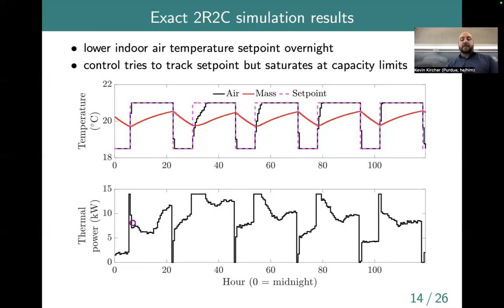The main difference is that we have these spikes associated with trying to quickly increase the temperature of the indoor air. So when we do these step increases, bang, from 18 up to 21 Celsius, there's a ton of energy needed to raise the temperature of that indoor air capacitance.